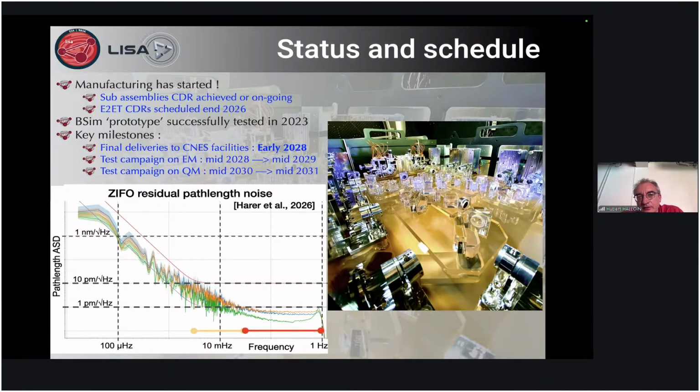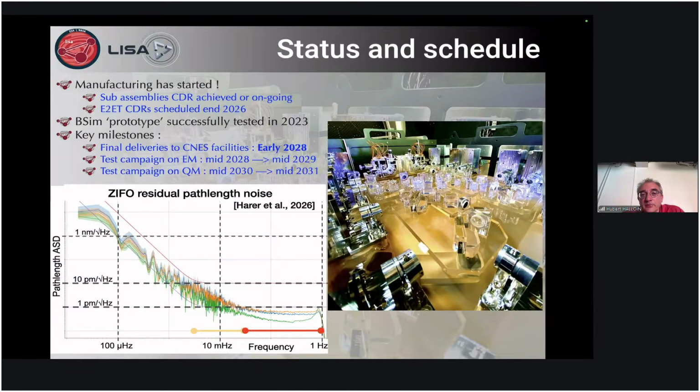And this prototype was very successful since we achieved on ground with representative test equipment a stability of about 1 picometer per root hertz above 30 millihertz, and better than 10 picometers at about 3 millihertz. So basically it demonstrates that we have the right technology to develop and to manufacture the optical test benches on ground.